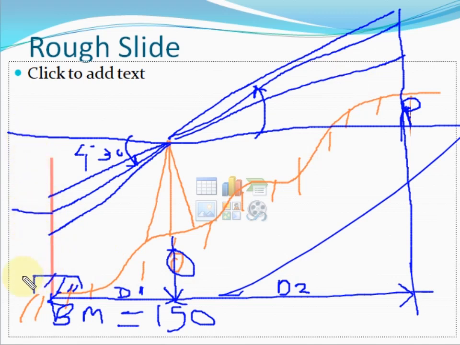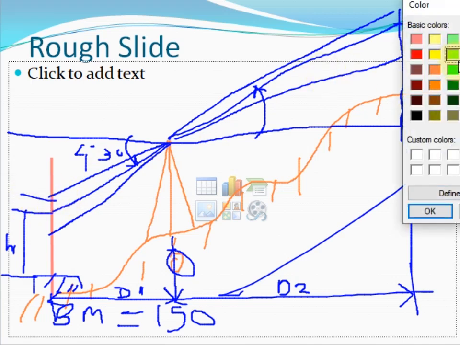This is your central hair reading over the benchmark, which we call H1. From the central hair reading to the point P, this is your H2.